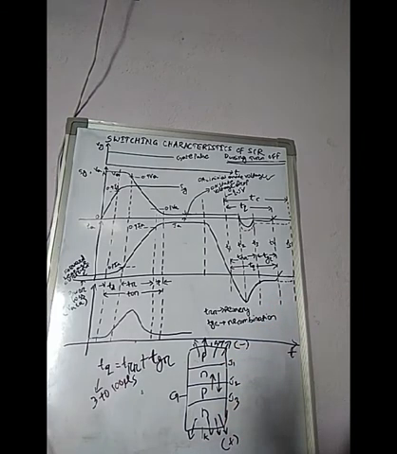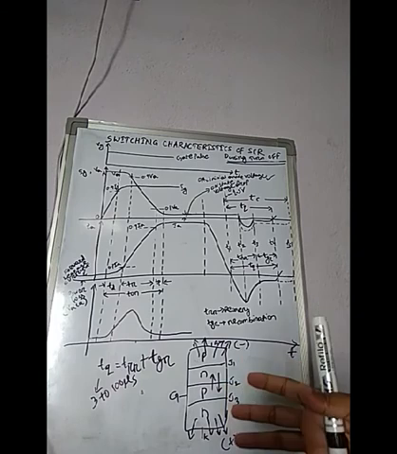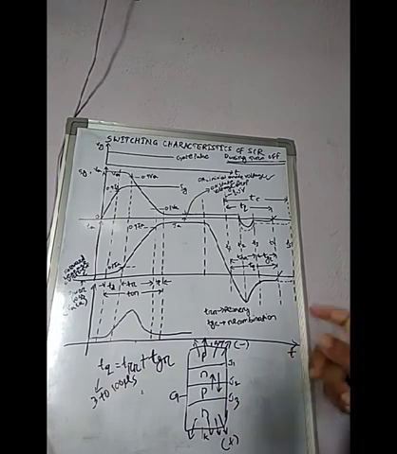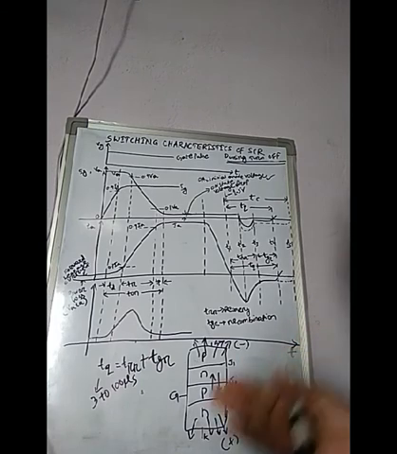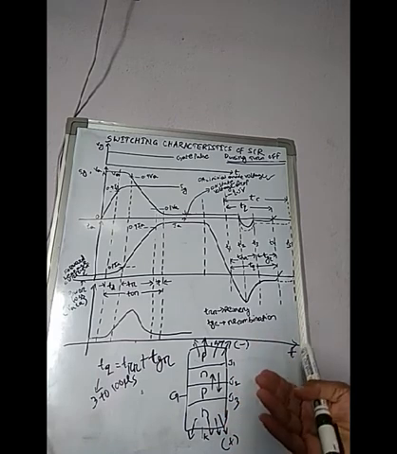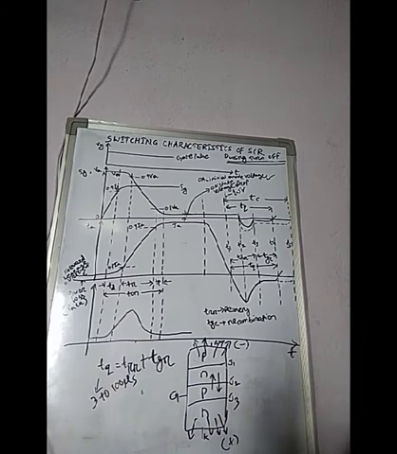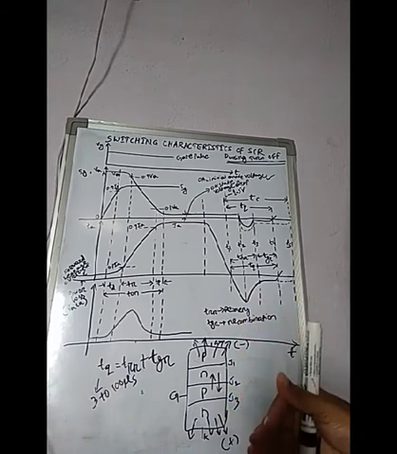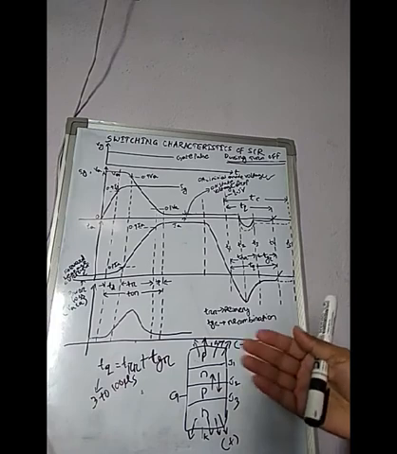Okay, so this is how the turn off time becomes maximum or minimum, and the parameters by which it is influenced. The turn off time decreases with an increase in the magnitude of reverse voltage.